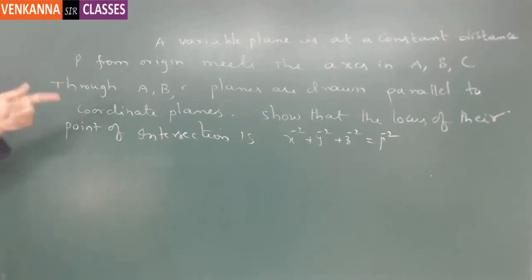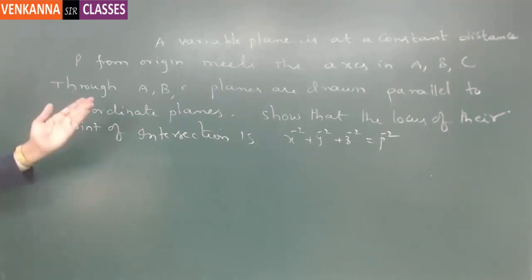Similarly, from the point B, you calculate the equation of a plane passing through B and parallel to a coordinate plane. Like that, from the 3 points, you are calculating 3 planes which are parallel to the coordinate planes. So the 3 planes will intersect.